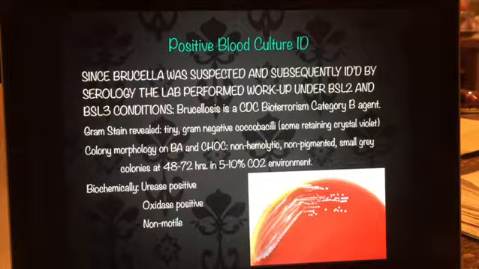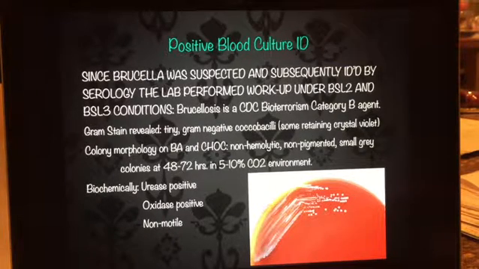And the gram stain, you can see, revealed tiny gram-negative cocobacilli, some retaining crystal violet, with a colony morphology on blood agar and chocolate that was non-hemolytic, non-pigmented, small gray colonies at 48 to 72 hours.